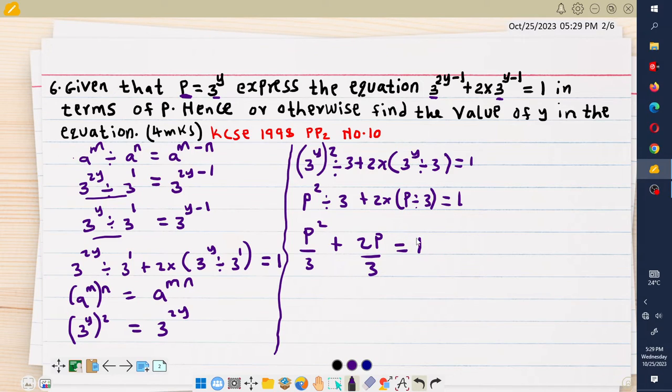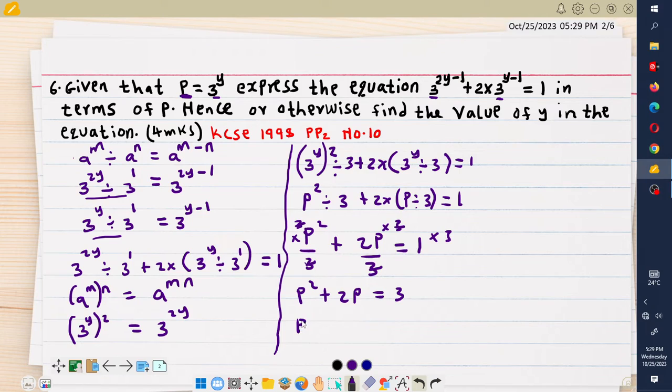So you can clearly see that the LCM for this case is 3, so I'm going to multiply through by 3, so times 3, times 3, then also times 3. The 3 and 3 will cancel out, 3 and 3 will cancel out, so I remain with p squared, then plus 2p, is equals to 3.